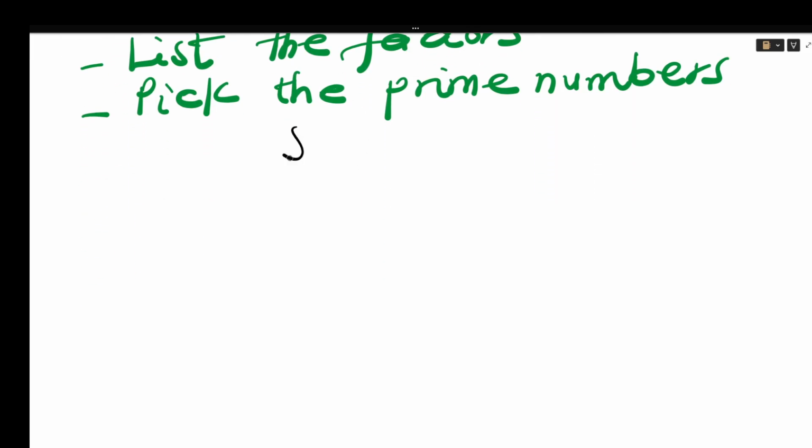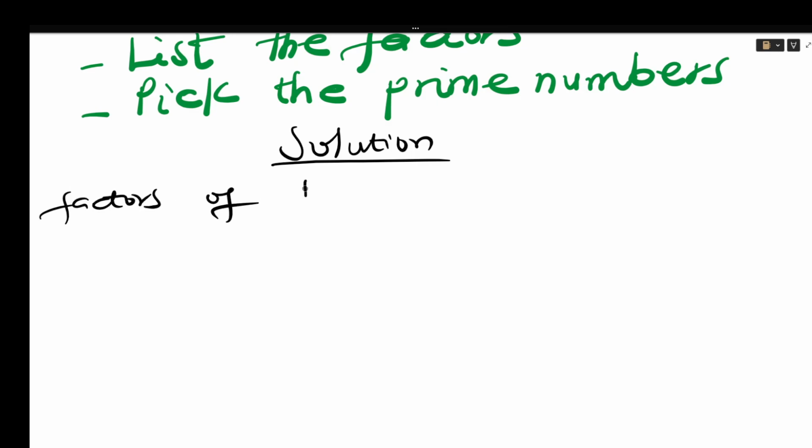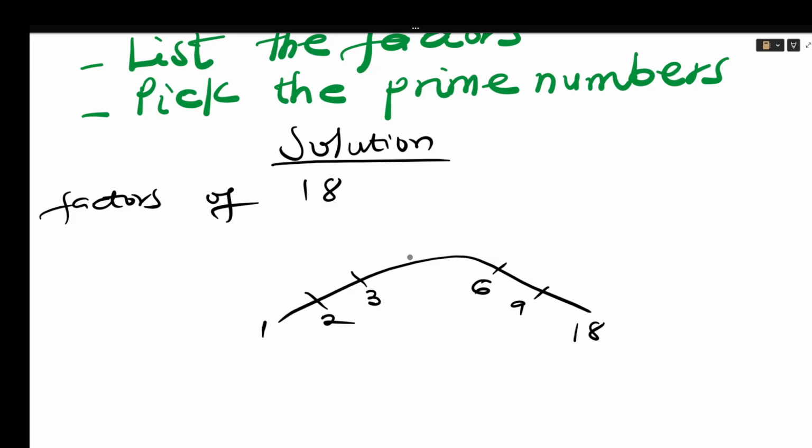First of all, we list our factors of 18. We have 1 and 18. 2 divides 18 into 9. 3 divides 18 into 6. 4 doesn't divide 18. 5 doesn't divide 18. 6 does, but we find 6 already on our hill.